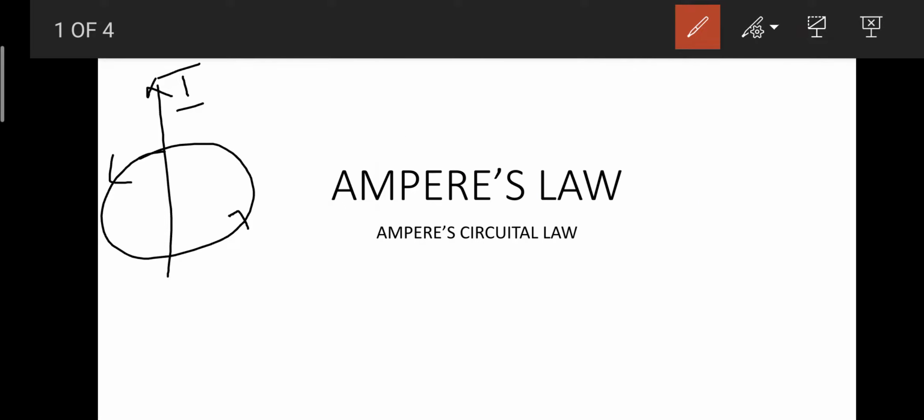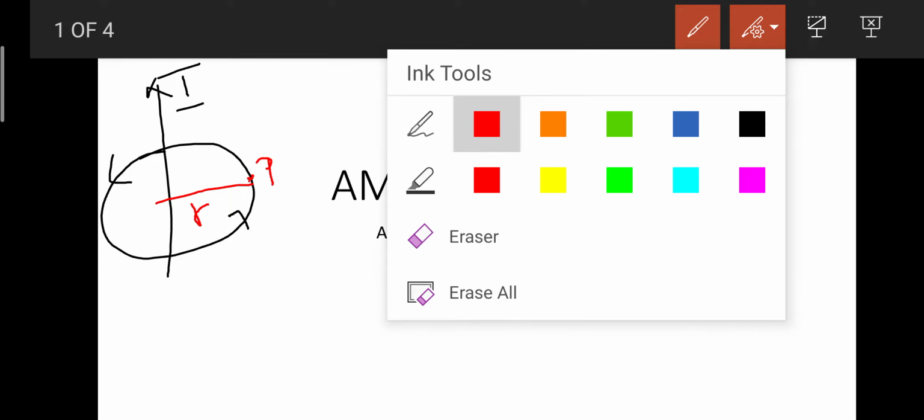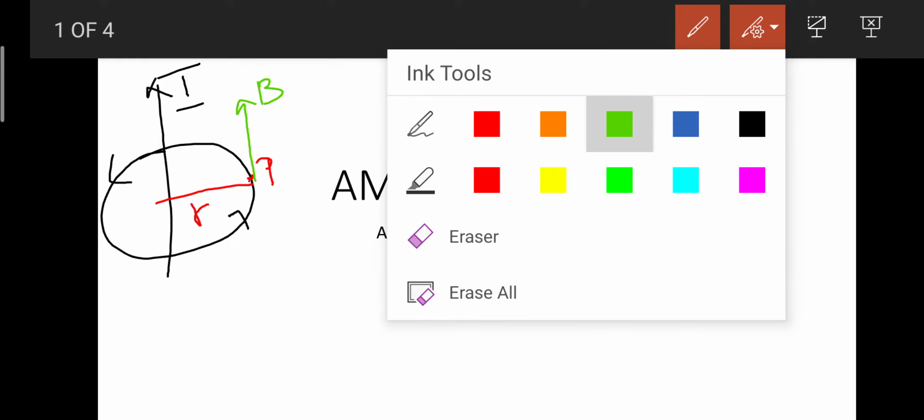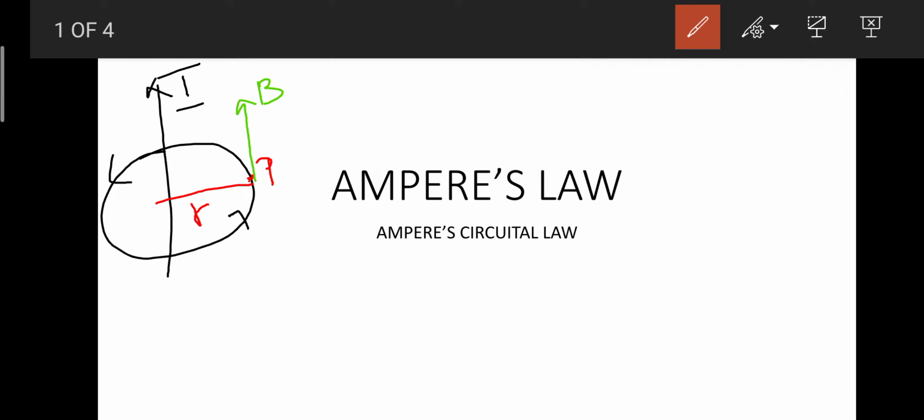I have to determine B at this particular point P, and the radius would be equal to r. The direction of B at this point is tangent to that particular loop.